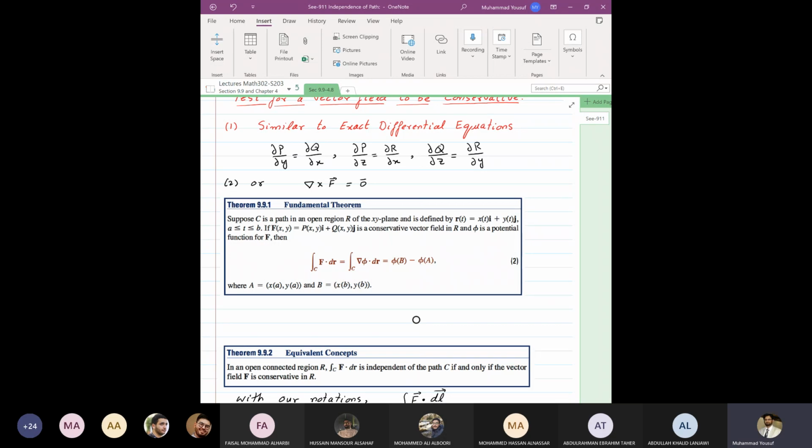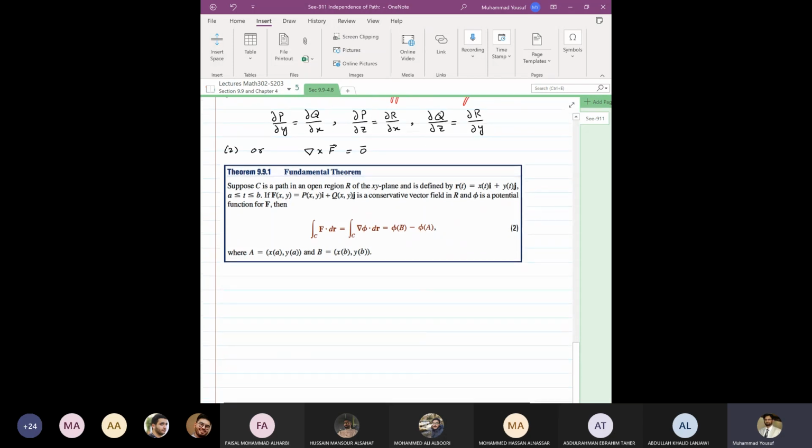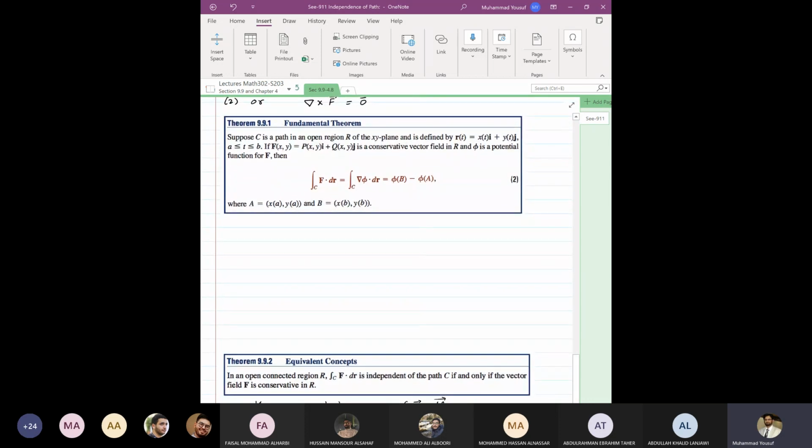If F is conservative and phi is a potential function, then the integral is given by the end-point difference. This is from your main book, chapter 9, theorem 9.9.1.